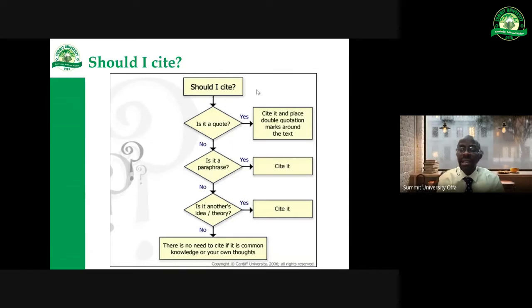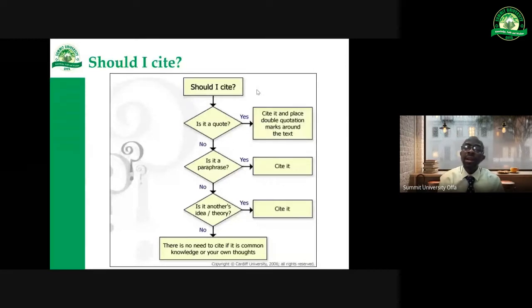If yes, then you must cite. If no, then there is no need to cite if it is common knowledge or your own thinking or your own thoughts. Again, use this to always determine when to cite or not.